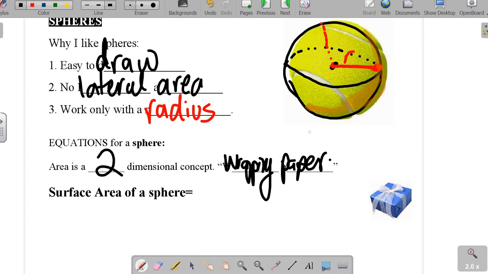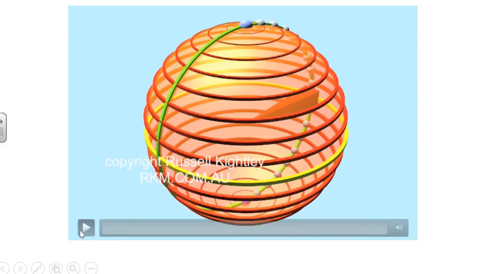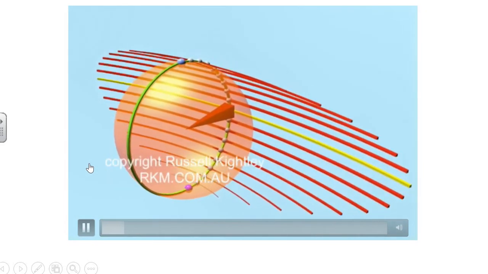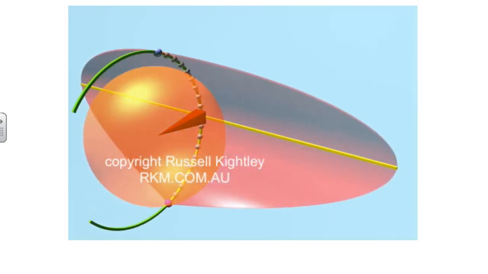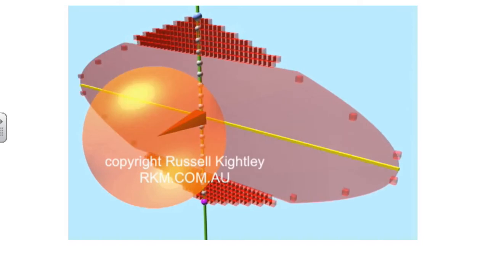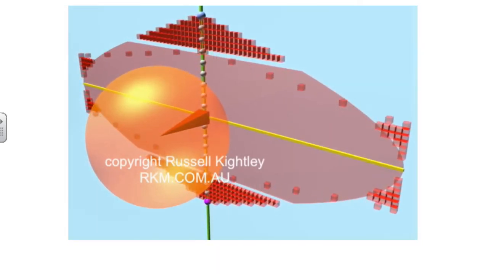So area of a sphere is like the wrapping paper, and I have a demonstration of what area of a sphere actually looks like.